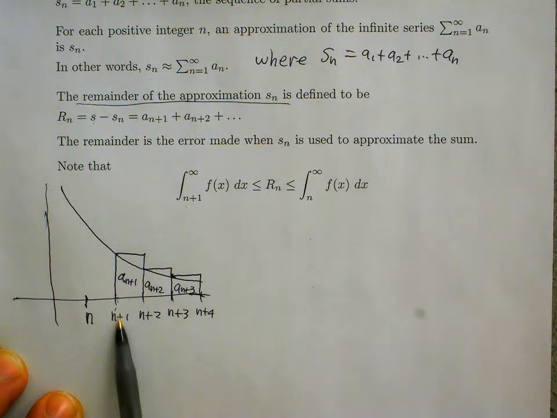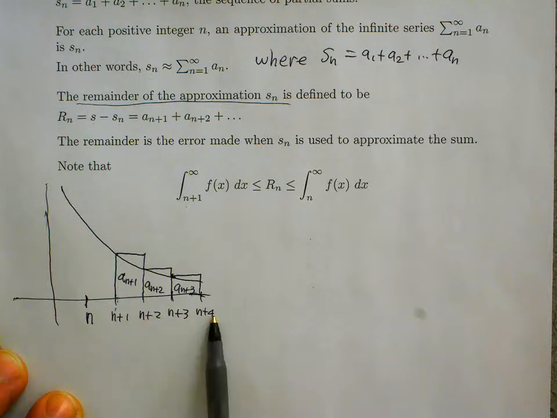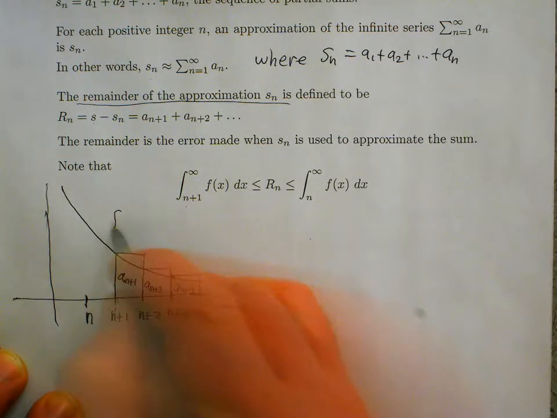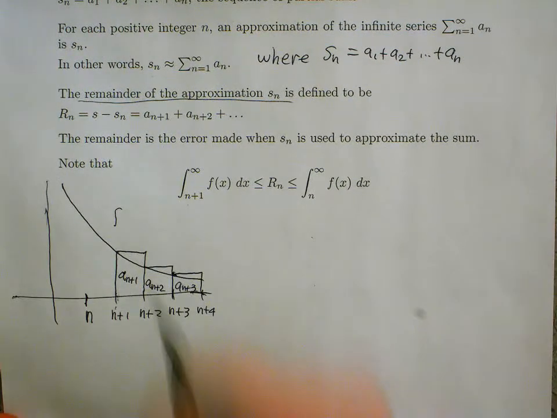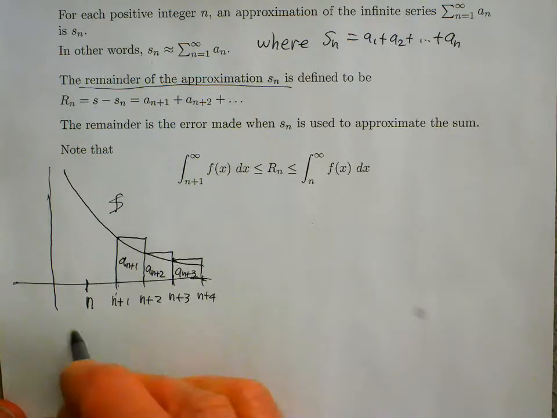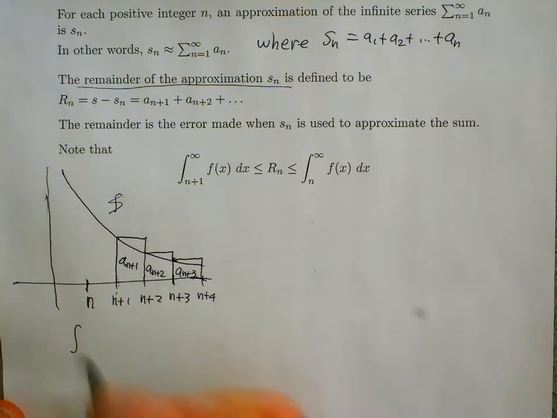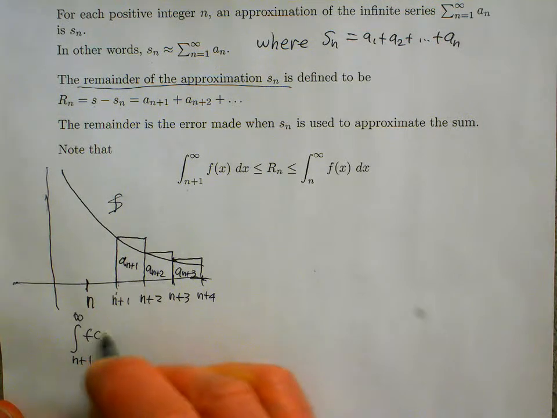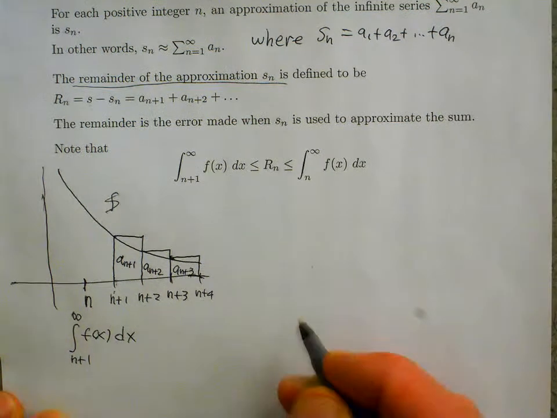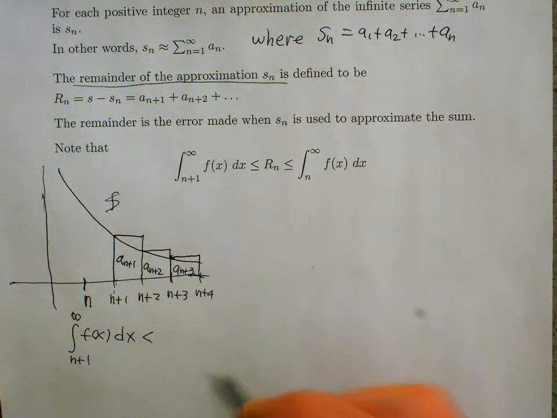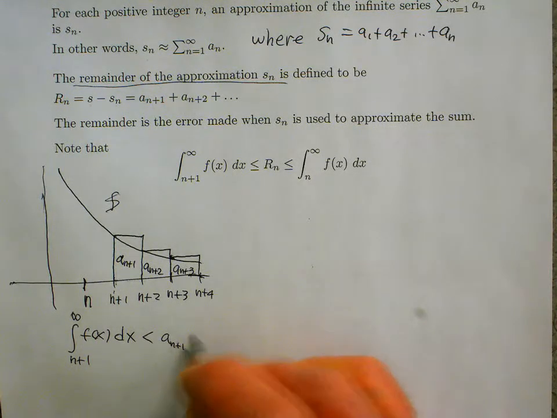And so we're starting at n plus 1. So the improper integral, I guess I can write it down here. The improper integral from n plus 1 to infinity of f of x dx is less than a sub n plus 1 plus a sub n plus 2, and so on.